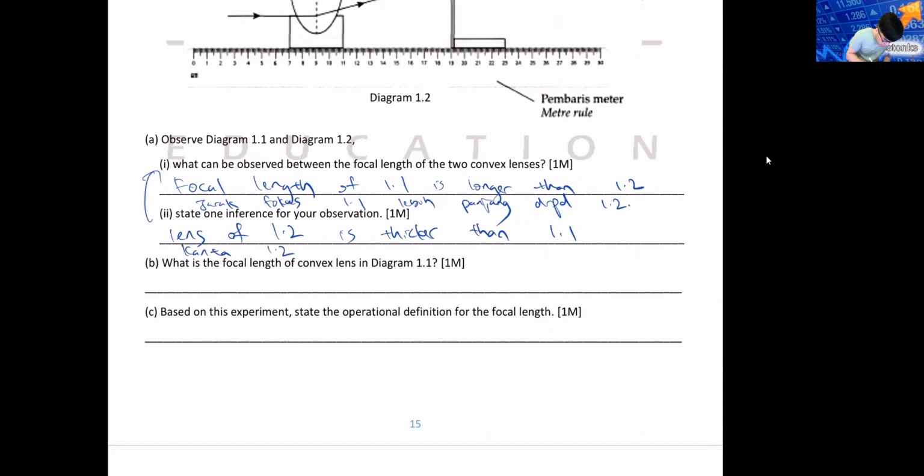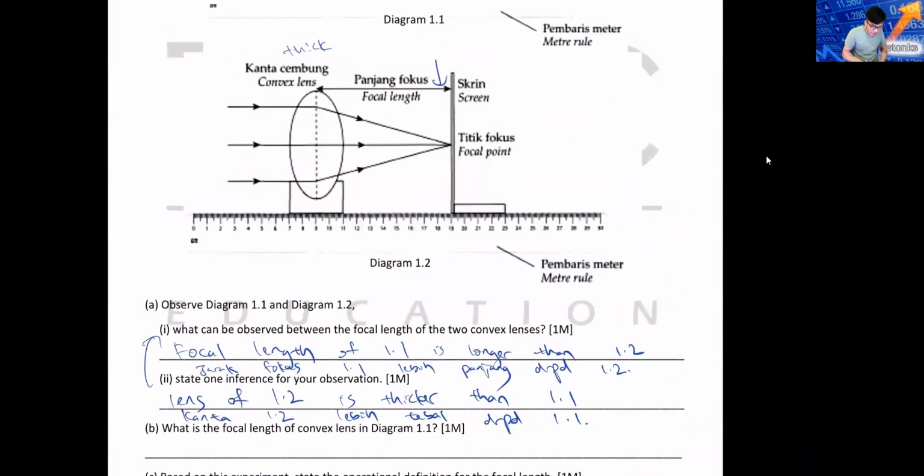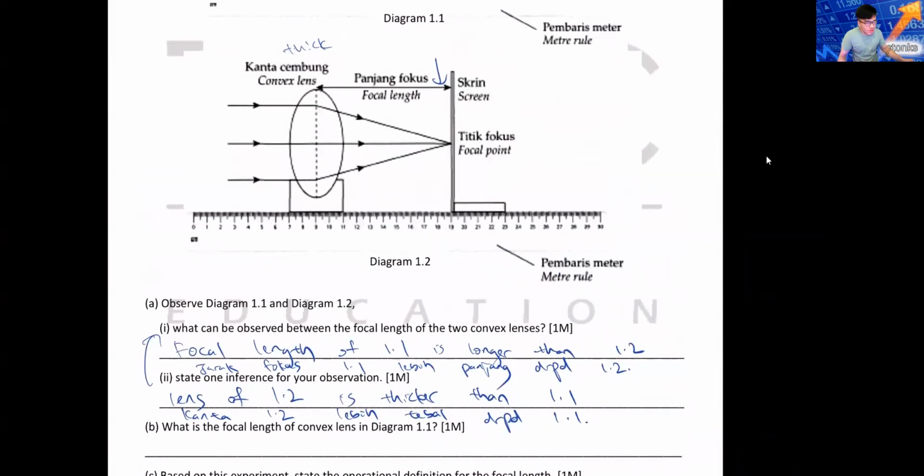Kanta 1.2 lebih tebal daripada 1.1. Even if you have no idea about this chapter at all, you somehow forgot everything, hey, you can still do. Because there's no studying involved here.